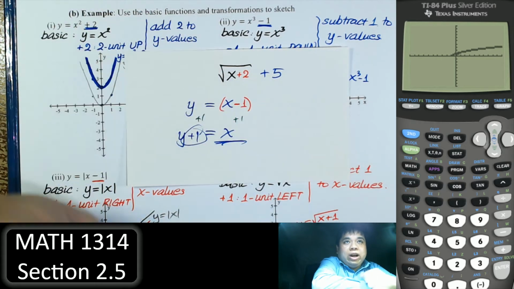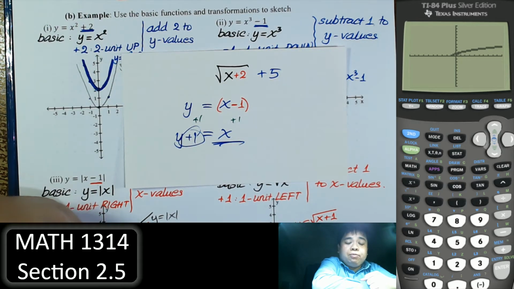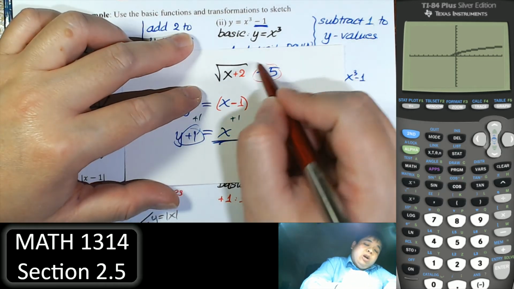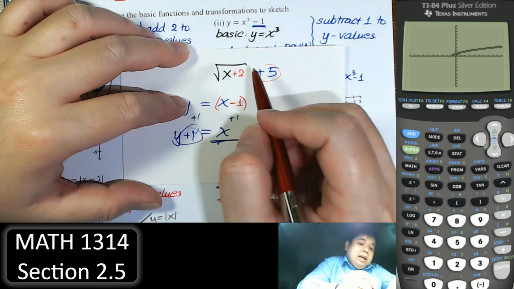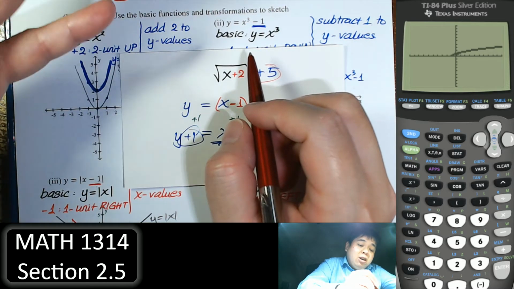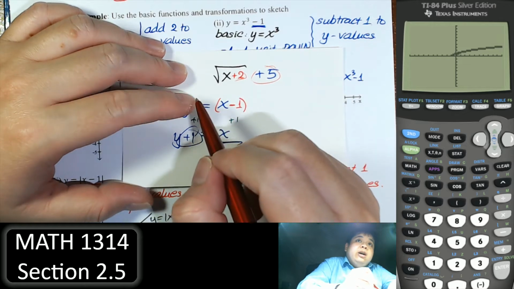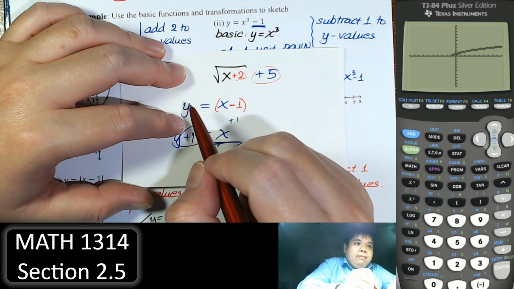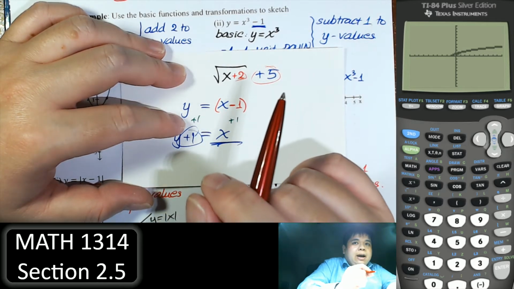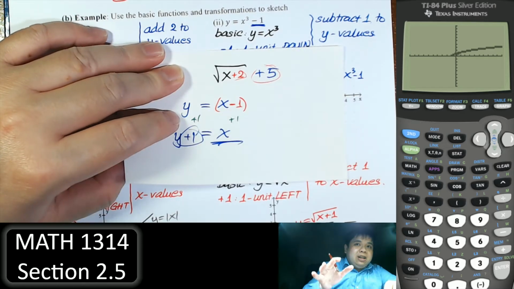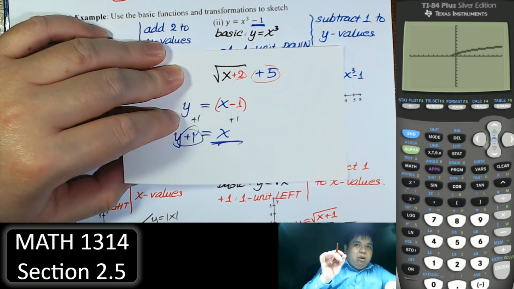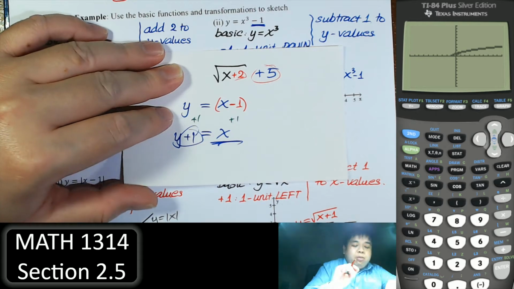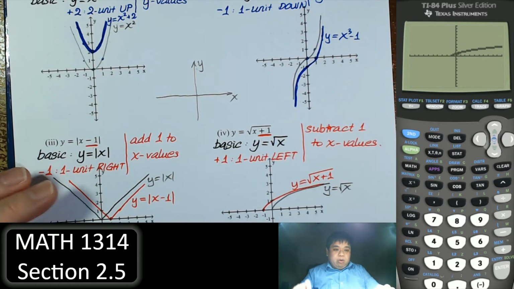So you can distinguish those two. The one outside will affect the y values, meaning it affects the graph vertically. The one inside will affect the graph horizontally, meaning it affects the x values. But whatever is inside will affect the x values in a reverse manner. And that is very important. We'll see that in the rest of the section.